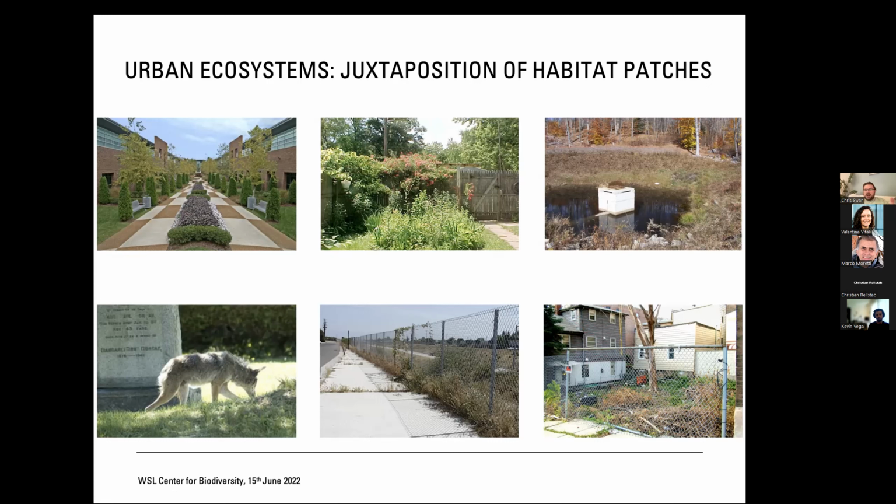They include lots of built places, lots of managed places, and lots of what I like to call facilitated assemblages, like this upper left image of a landscaped or garden situation where there's plenty of biodiversity.